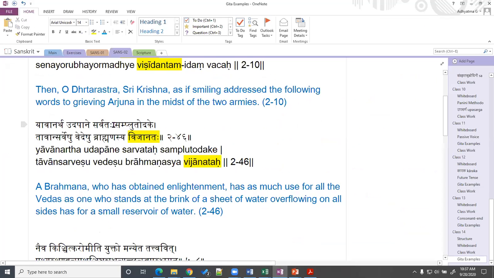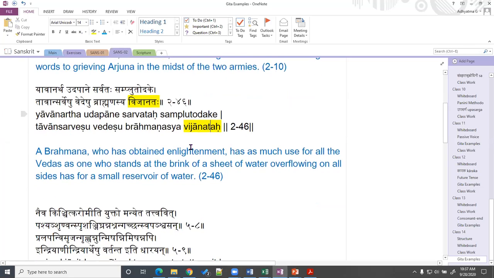Here vi is the prefix, jna is the root, it becomes Vijanatah. And it is the adjective of Brahmanasya. It is the sixth case singular, like Ramasya, Brahmanasya. So Vijanatah is the adjective for Brahmanasya, sixth case singular. So, of the Brahmin who is knowing.